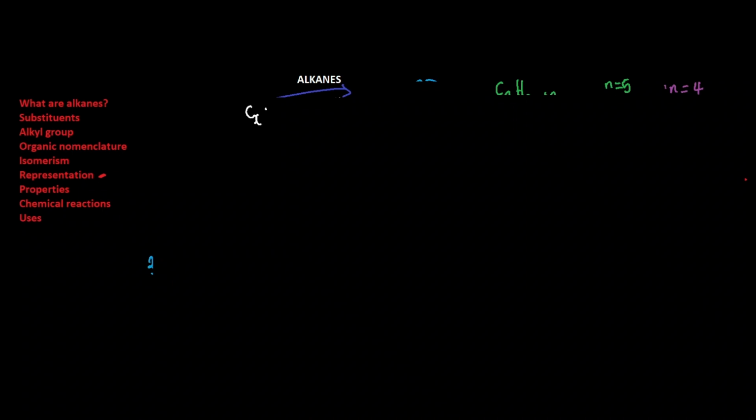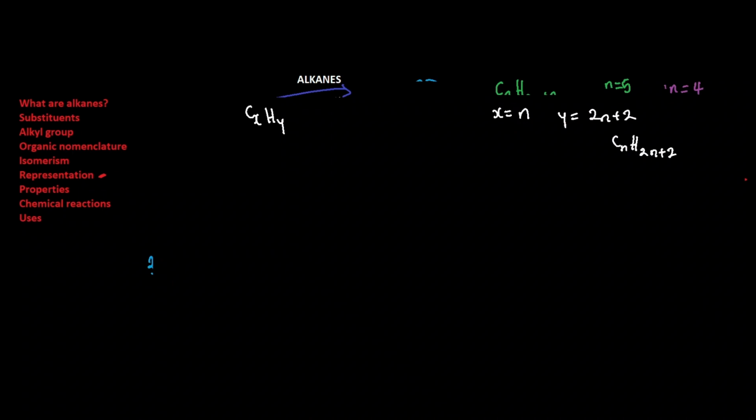So given a hydrocarbon with the formula CxHy, so we're given a hydrocarbon in this form, CxHy. Now for an alkane, of course, we know that x is going to be equal to n and y is going to be equal to 2n plus 2, since the general formula for alkane is CnH2n+2.